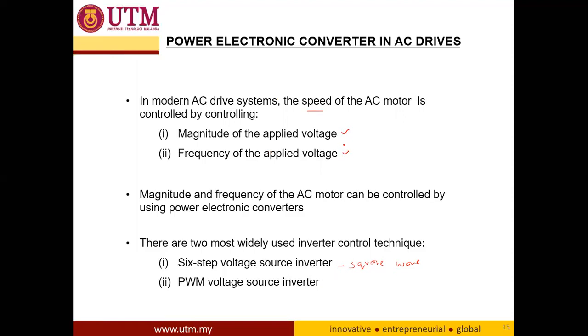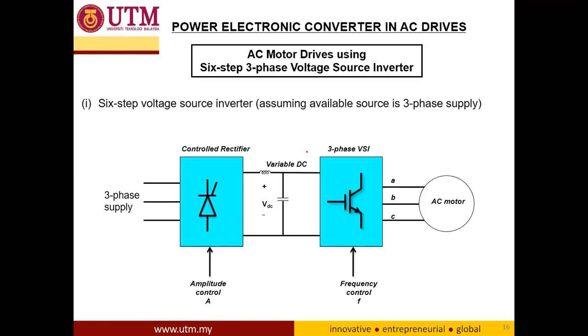The objective of this slide is to show how, by using the 6-step voltage source inverter, we can control the magnitude and the frequency of the input of the AC motor. So this is the basic configuration of the 6-step 3-phase voltage source inverter.